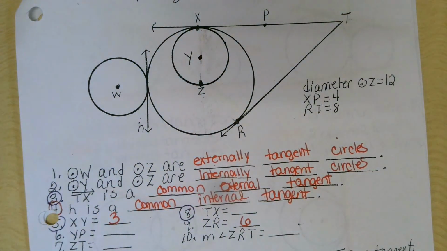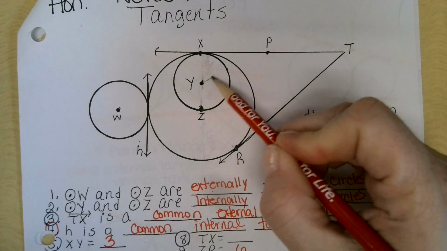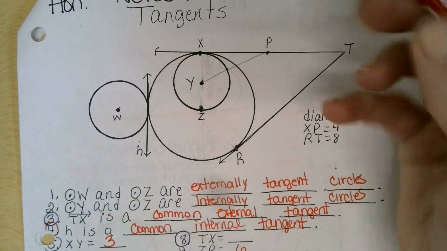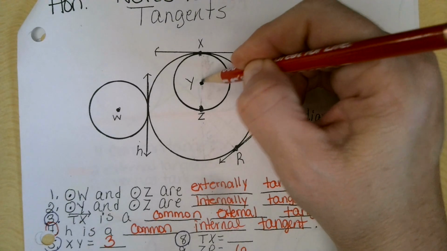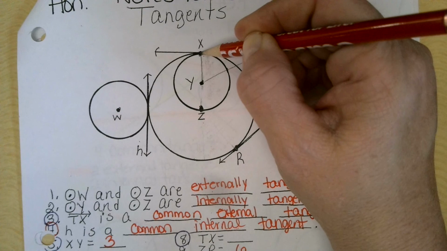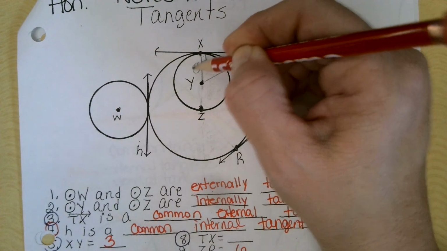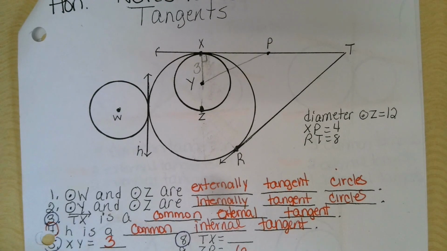All right, number 6 says YP. So YP is being drawn from here to here. And we know from our theorem that if this is drawn, it is a tangent. It's touching at a point of tangency. It makes a right triangle. So we knew that was 3. Okay.